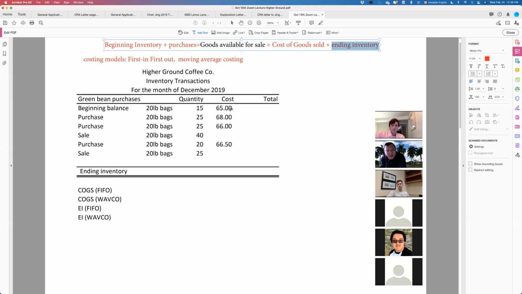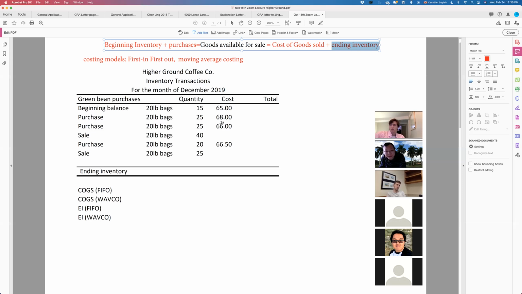The cost is $65 for each bag. And then they made a purchase. They purchased 25 bags at the price of 68, and another 25 bags at the price of 66.